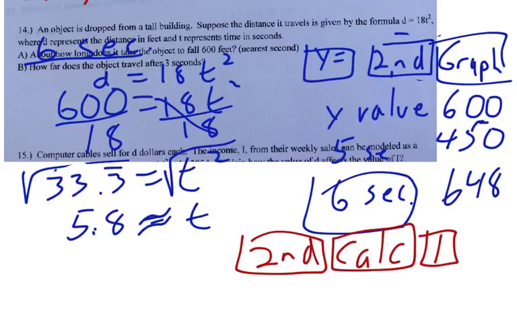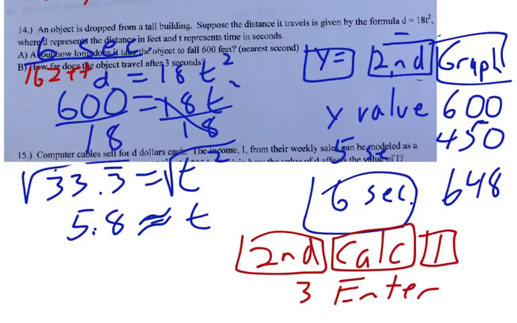So if I hit second calc 1, and I want to know at 3 seconds, so I just type in a 3 and then enter. And it gives me my y value is 162. It's 162 feet. All right, that sums it up for A and B for number 14.